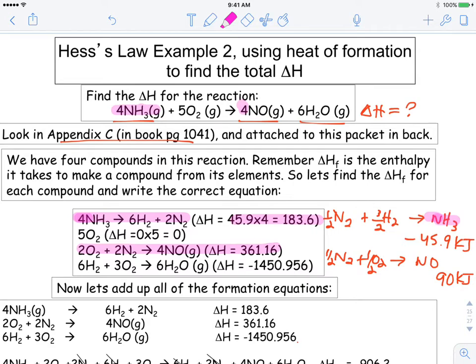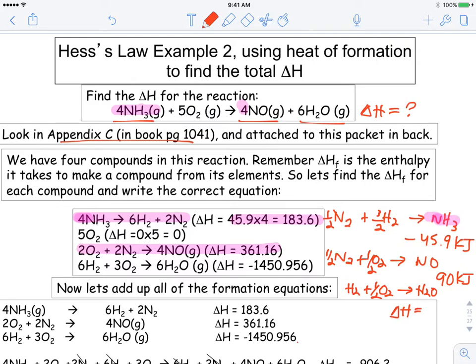Then I have my last one, my water. And my water is going to be H2 plus O2 yields H2O. And again, I'm going to need to use fractions.